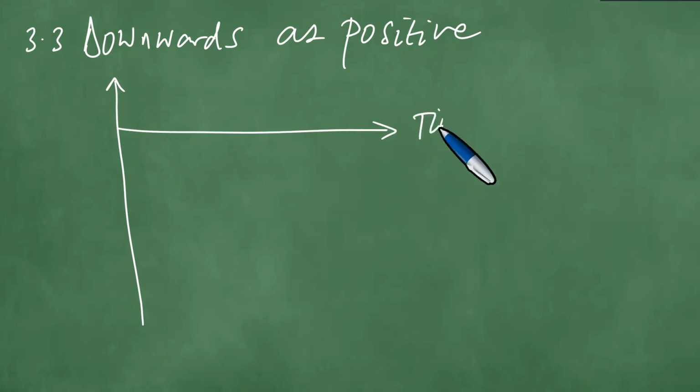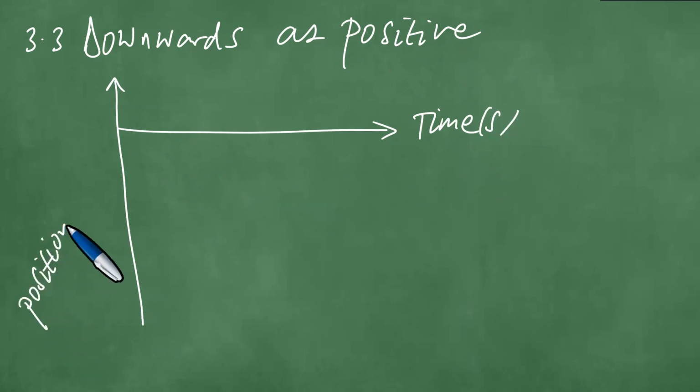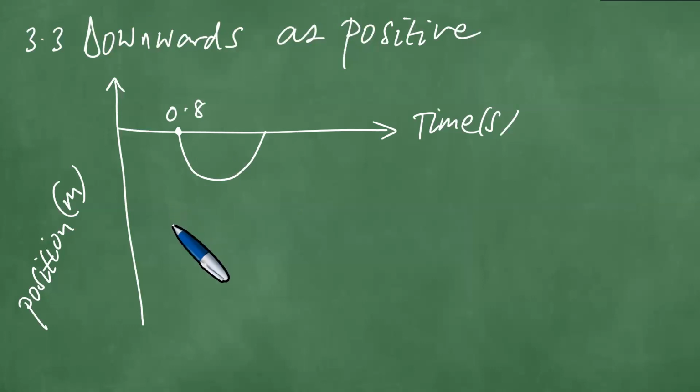So the time, you have 0.81 for B. Because downwards is positive, we understand that B went up and therefore its position was negative.